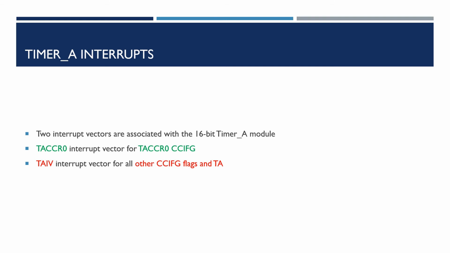So depending on the value that is present in TAIV, you can have a switch case, which will then allow you to execute whichever function you want related to that particular flag. So if it is CCIFG1, then TAIV will have a particular value, and then you can write your switch case accordingly so that only the routine for CCIFG1 gets executed.